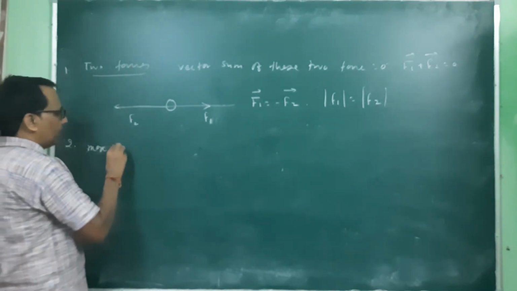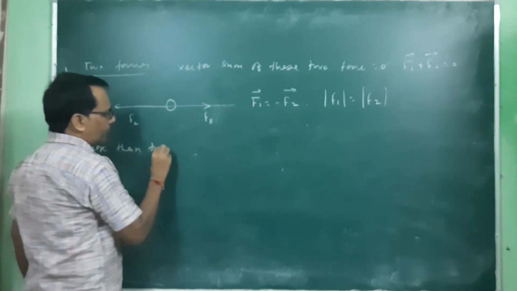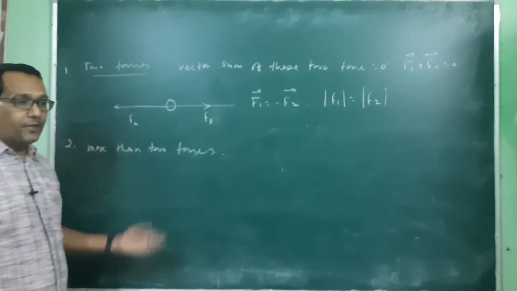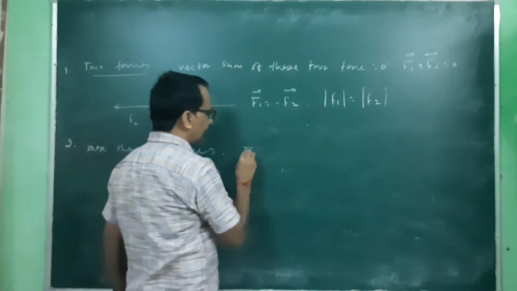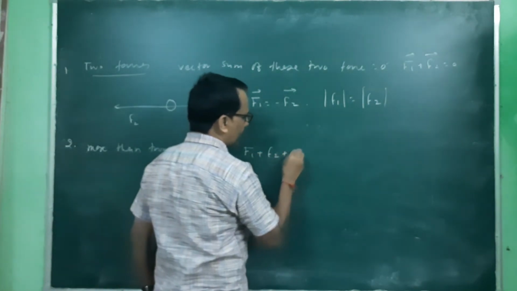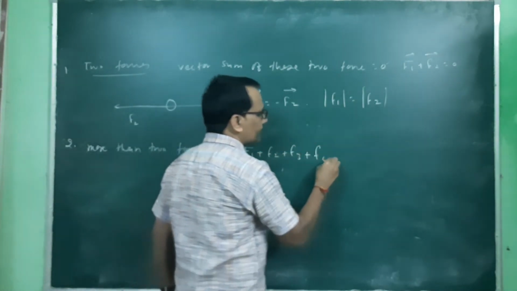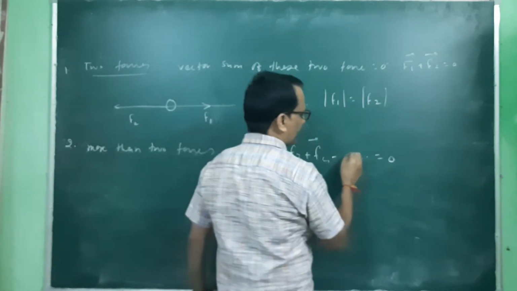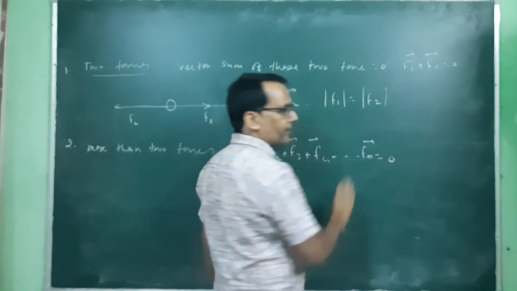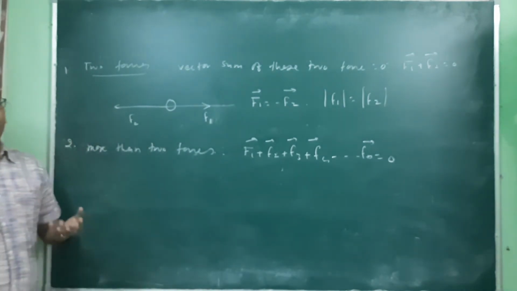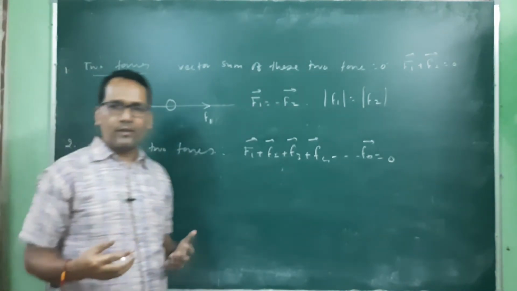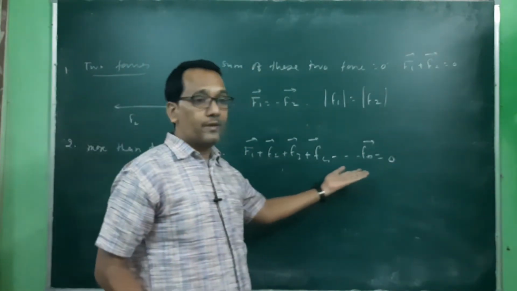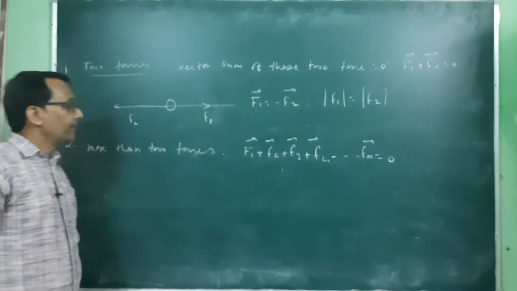If there are more than two forces, the condition is the same: the vector sum of all the forces must be 0. Then that body is known to be in equilibrium. So if we have one body and a number of forces are applied at the same time, but the total vector sum is 0, it means that body will be at equilibrium.